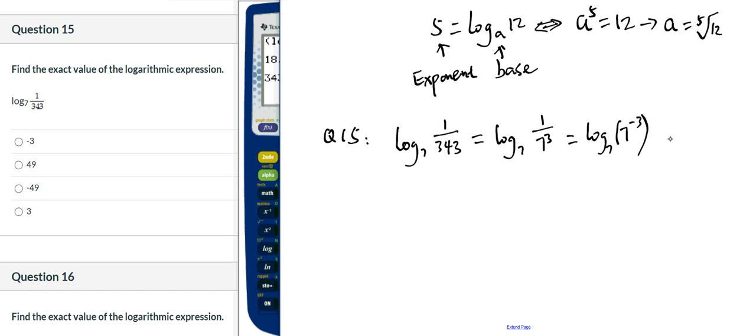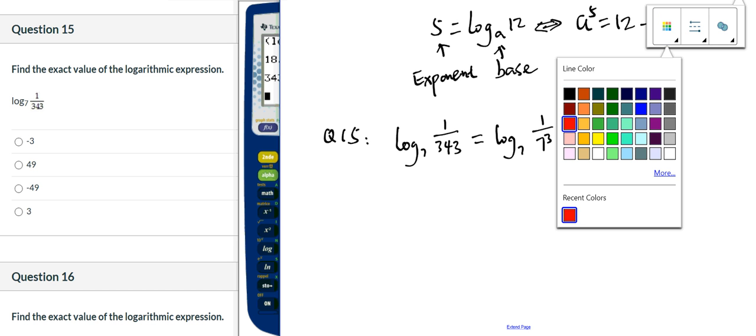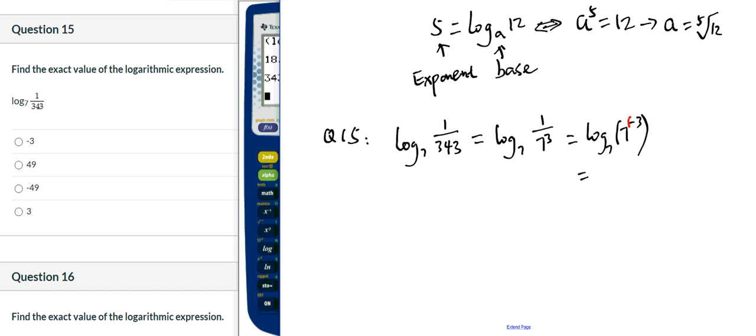Okay. And then, let me change the color to red. This exponent can move down to the front. So you have -3 times log base 7 of 7. Again, base is 7, and this number is the same as 7.